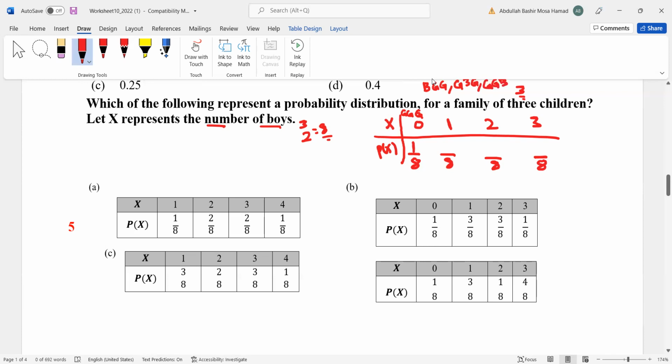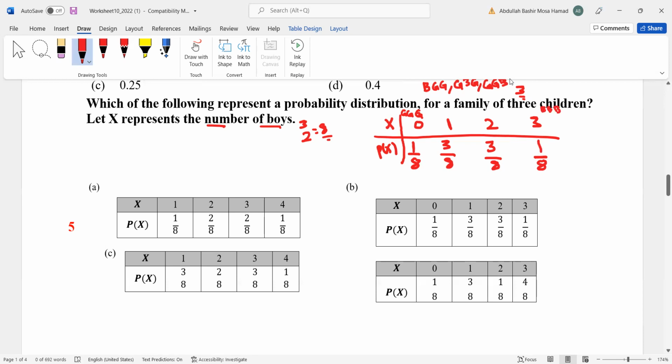So we have 1 boy in different orders, 3 outcomes. 2 boys means 1 girl, so it's the same as this, just instead of B we write G, and instead of G we write B. Also we have 3. For 3 boys, there is just 1 outcome, which is B, B, B. So it is 1 over 8.